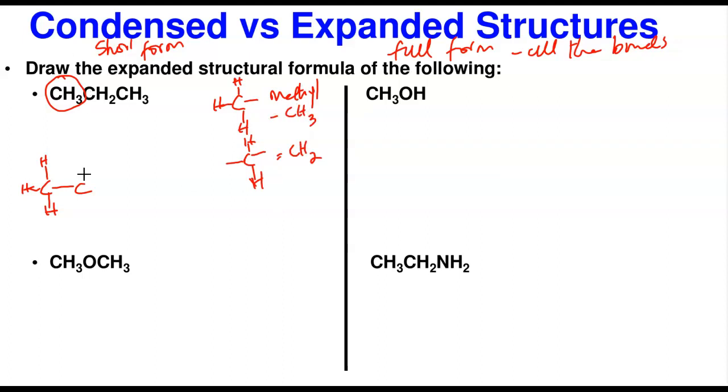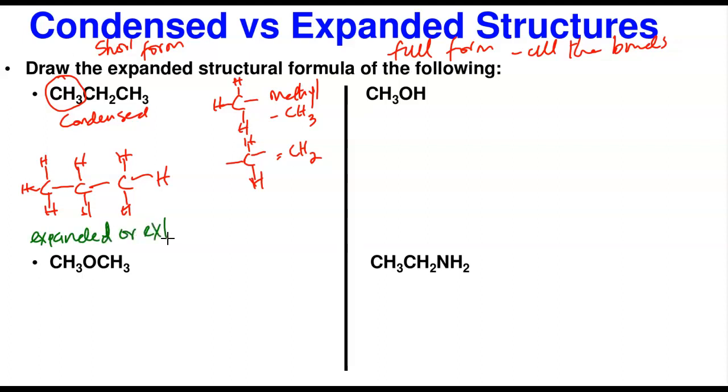CH2 means you're going to have only 2 hydrogens here. And then another CH3 here, like this one. So this is the expanded structure of this condensed formula. This is the condensed form. And this is the expanded. Or if you don't want to call it expanded, you can say extended, because all the bonds are shown here, the bonds are not shown.